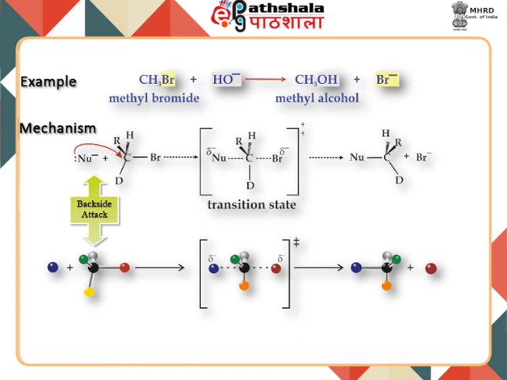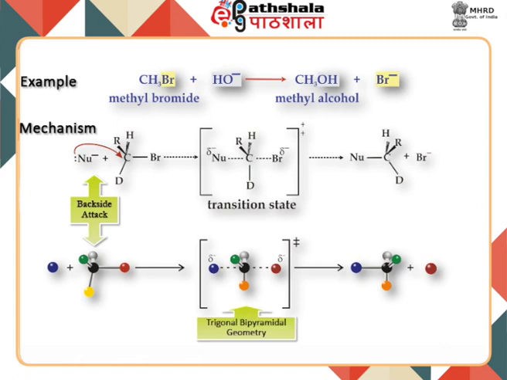In this representation, the group shown with bold line is above the plane and the group with dashed line is below the plane, while the remaining two substituents are in plane. Thus, the substrate has tetrahedral structure.